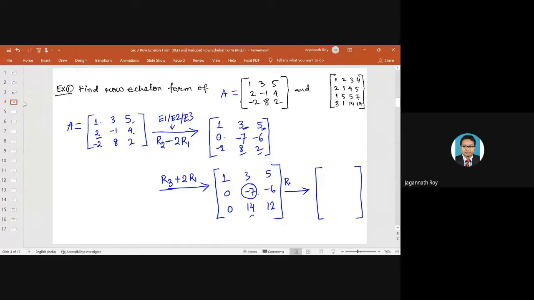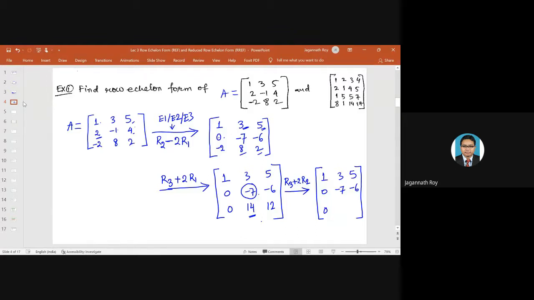So this is row 3, where we have 0, 14, 12, and then plus 2 times row 2. If we do that, what will we have? 1, 3, 5. Then this is 0, minus 7 and minus 6.